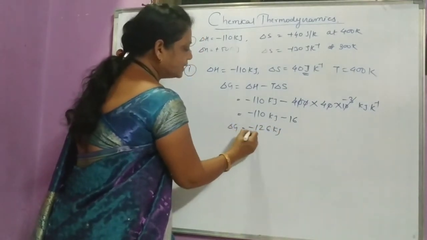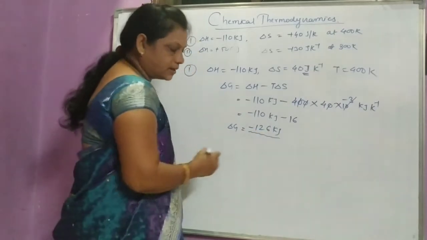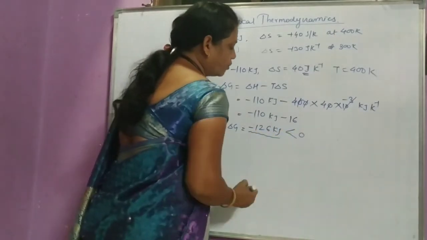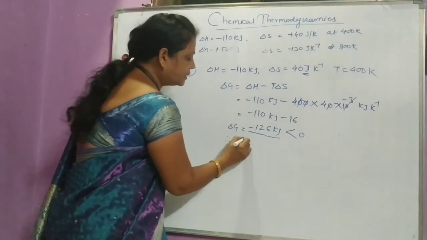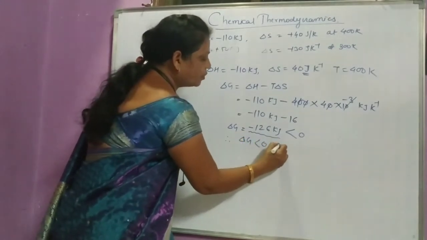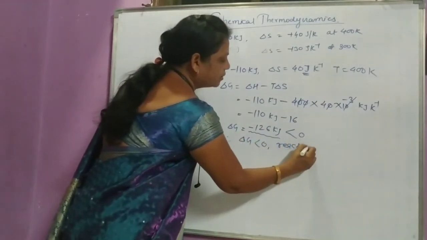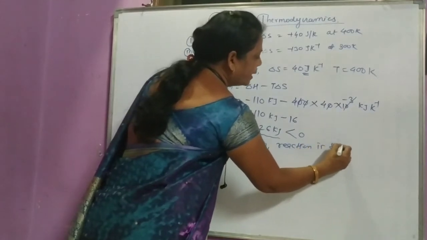So del G is minus 126, that is less than 0, and therefore if del G is less than 0, the reaction is spontaneous.